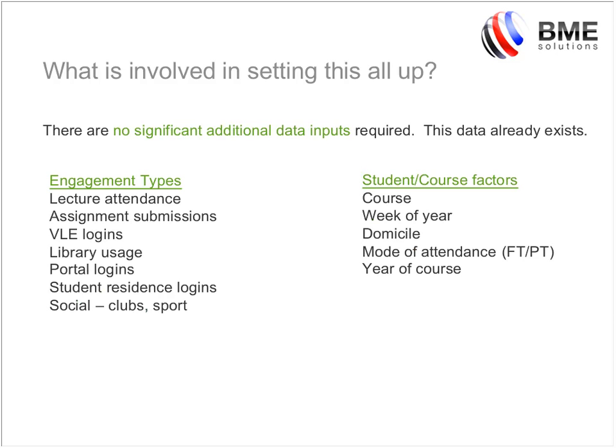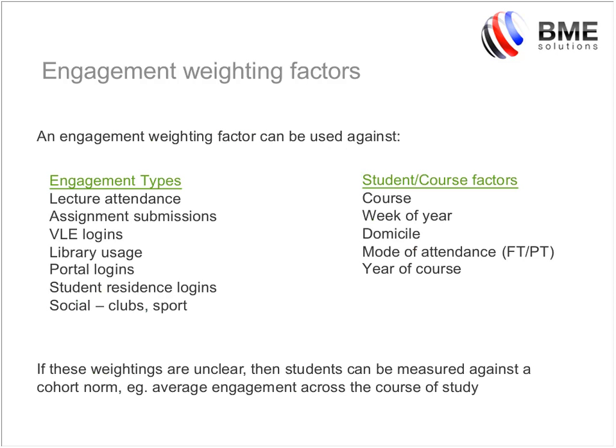And to talk about the types of weightings we apply, they fall into two categories really. The engagement type, so the touch point with the university: is it a lecture? Is it an assignment submission? Is it a library book usage? Or in the second column, does it really pertain more to the type of course they're on? So how important is attending lectures for a particular course?